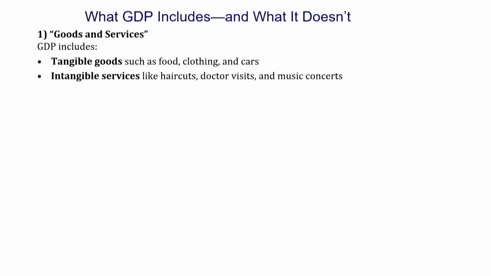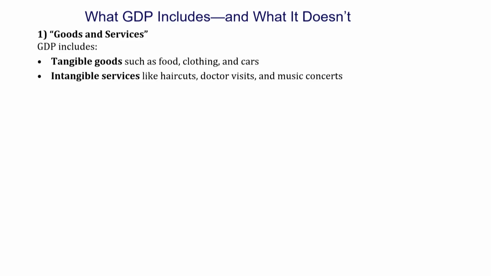Understanding these details helps us to interpret GDP numbers more accurately and apply them more effectively in policy discussion. So let's begin with what GDP includes and what it doesn't.